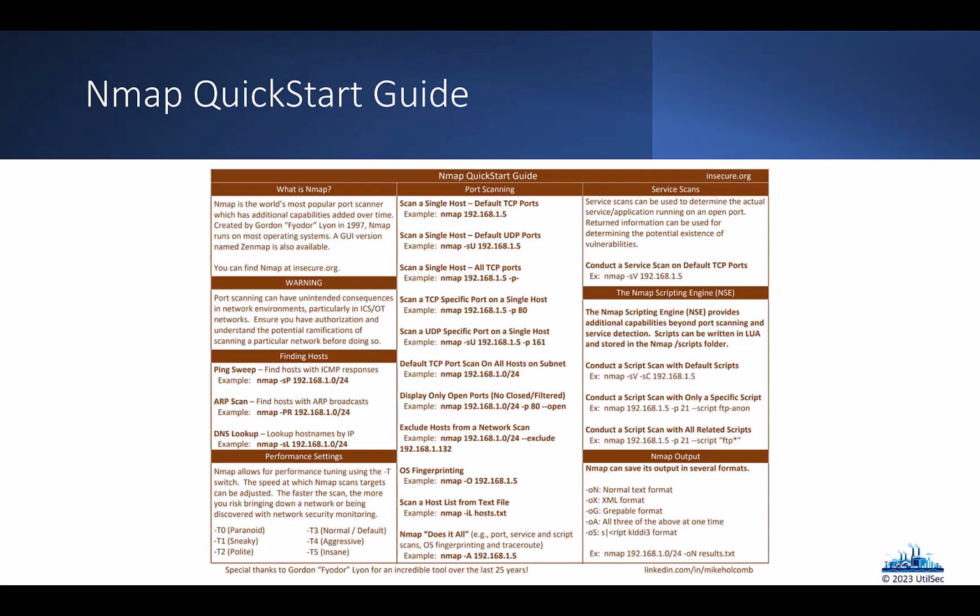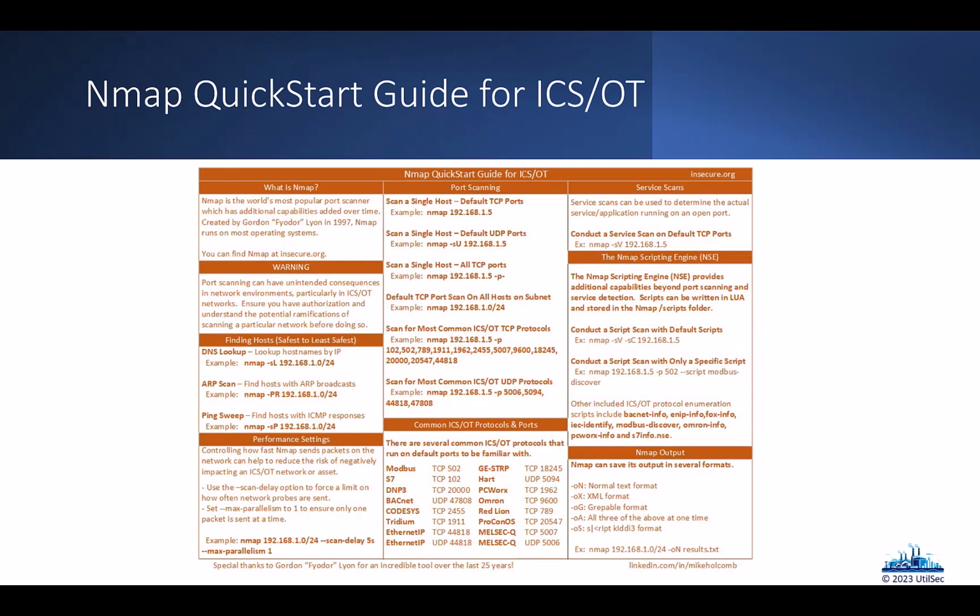And then it also gets into service and script scans, which honestly is the more fascinating, more fun part of using Nmap, even though we're not going to realistically get into that in this discussion today, unfortunately. So that'll be a different video for a different day coming soon. But there's the Nmap Quick Start Guide for IT, and then here's the version for ICS OT.